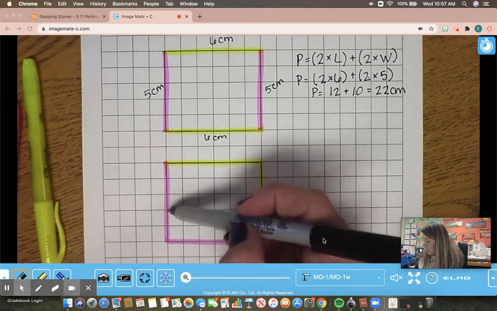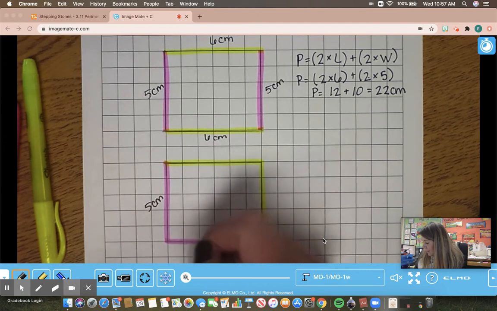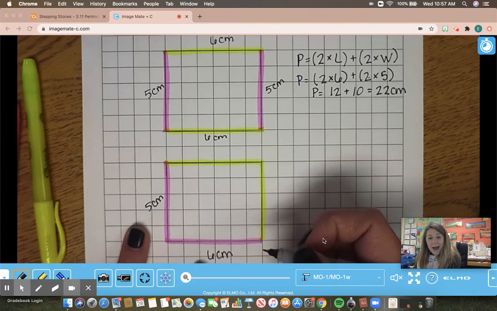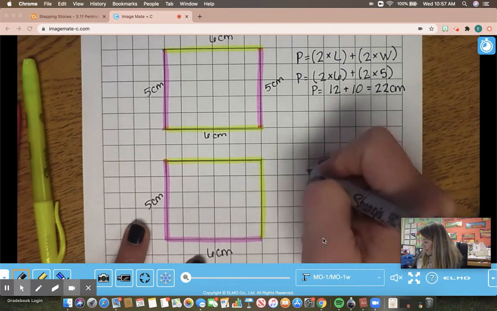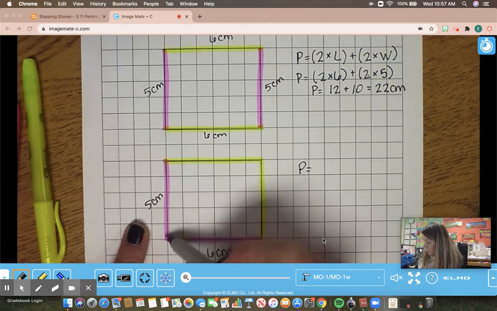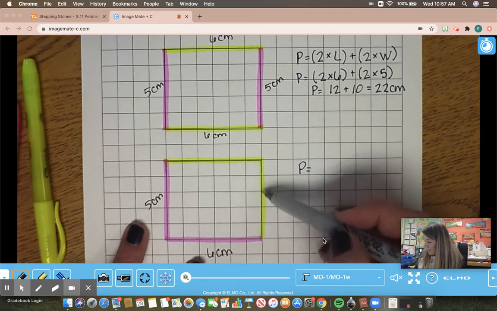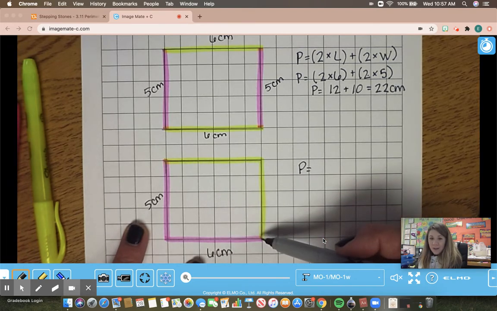I know my width is 5 centimeters and my length is 6 centimeters. I could add these 2 together. The width plus the length. But I also have another width and a length highlighted in yellow.